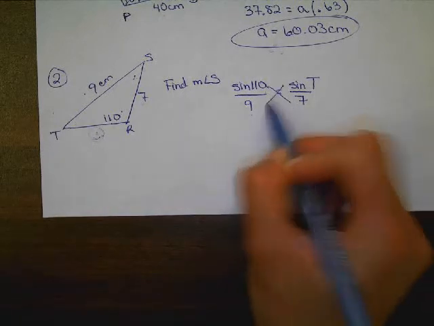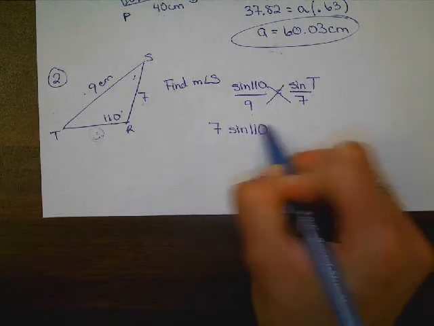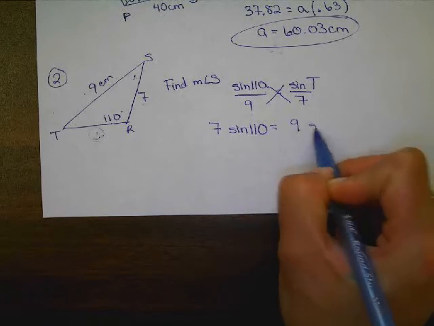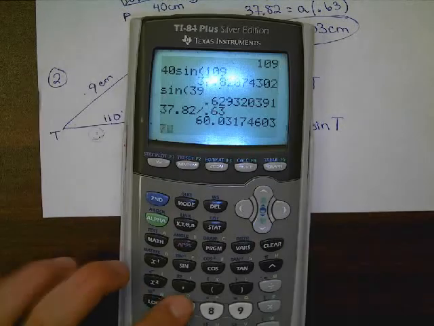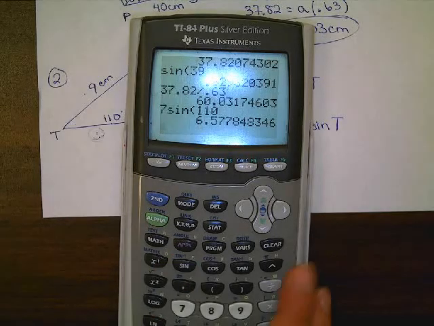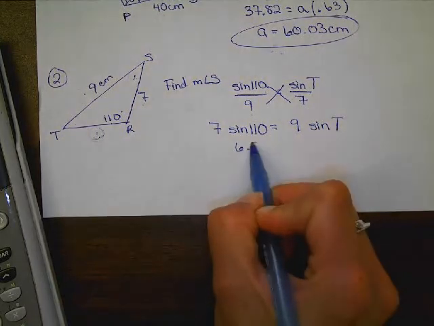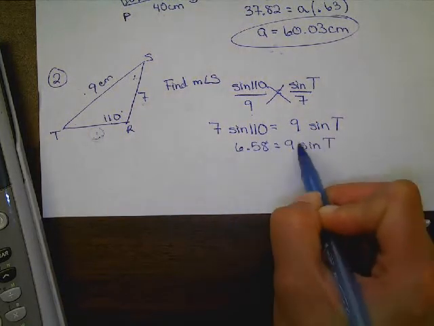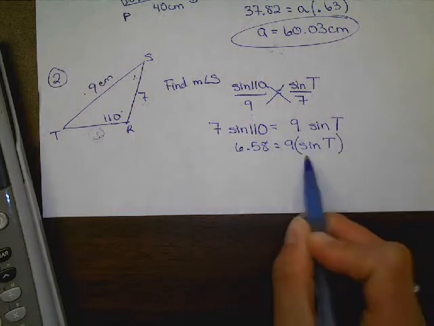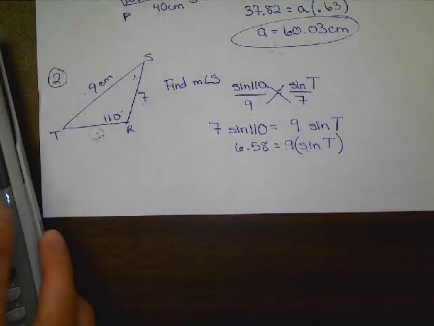Okay, so now I cross multiply. That's 7 sine 110 equals 9 sine of T. 7 sine of 110 is 6.58 equals 9 sine of T. Sine of T is a number, the whole thing, so I have 9 multiplied by that, so I need to divide.